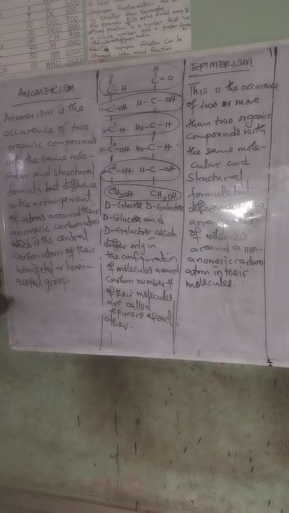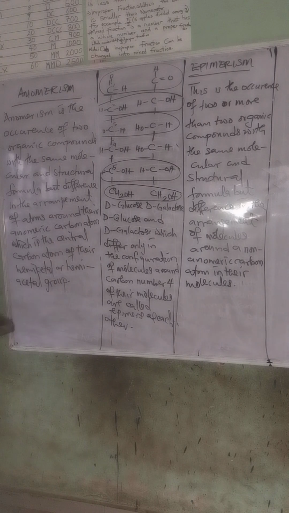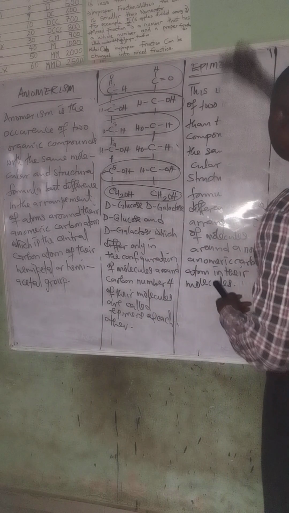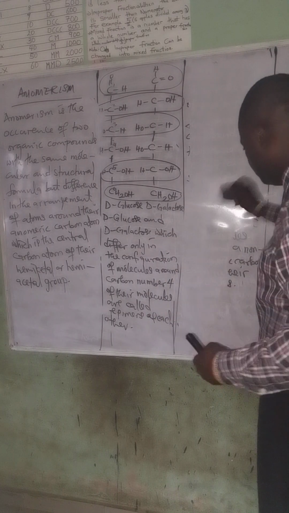So if you want to understand that, go and watch the video where we have pyranose and furanose formation. That is where we talk about mutarotation. Then you understand what is hemiketal and hemiacetal. Then I can try to see what I can do to shed more light on that with this example I want to give.